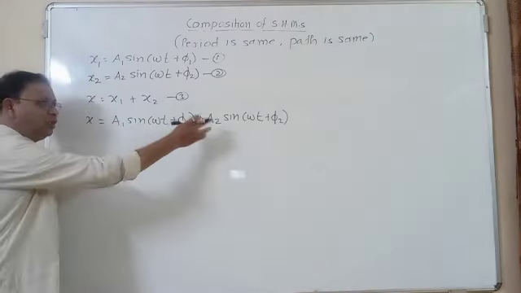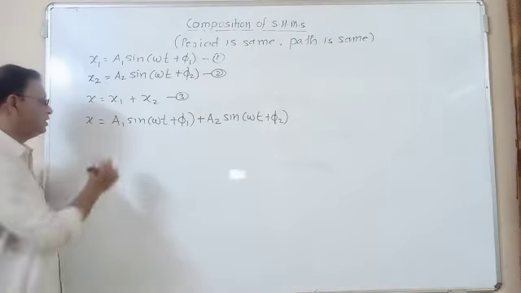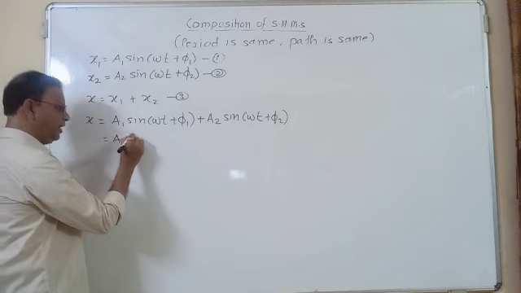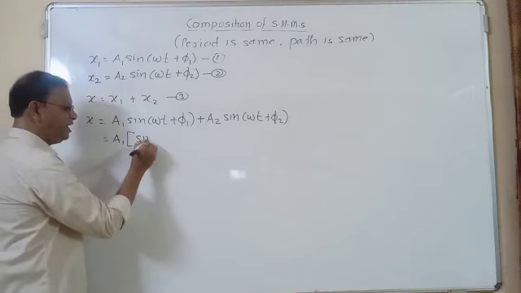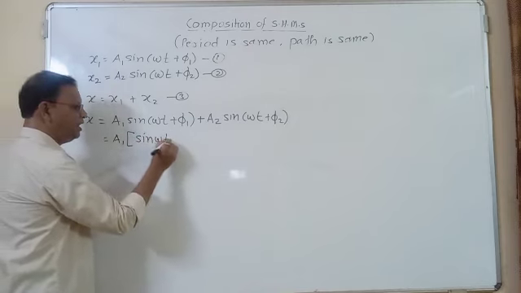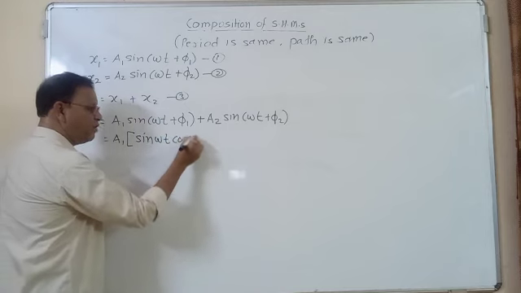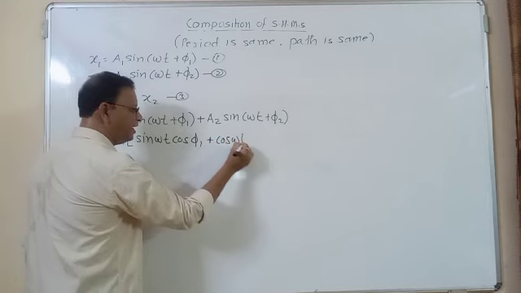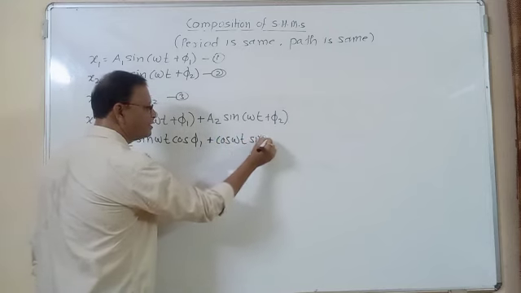We have to use both the terms, so it is a1 into bracket sin omega t cos phi1 plus cos omega t sin phi1.